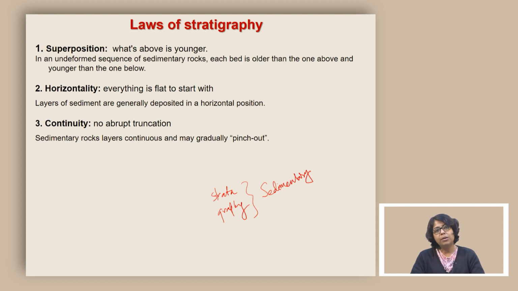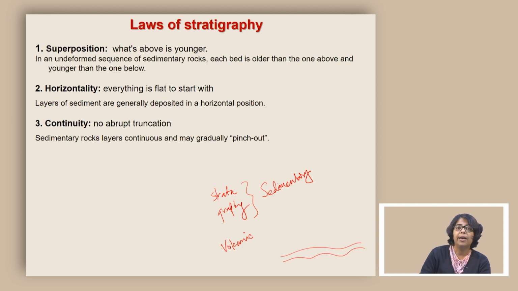Now, is it only restricted to sedimentary rocks? Well, no. If you have volcanic rocks, where let us imagine a lava flow that creates a rock and completely solidifies, and then another lava flow comes afterwards and again solidifies, there also you can have stratification.